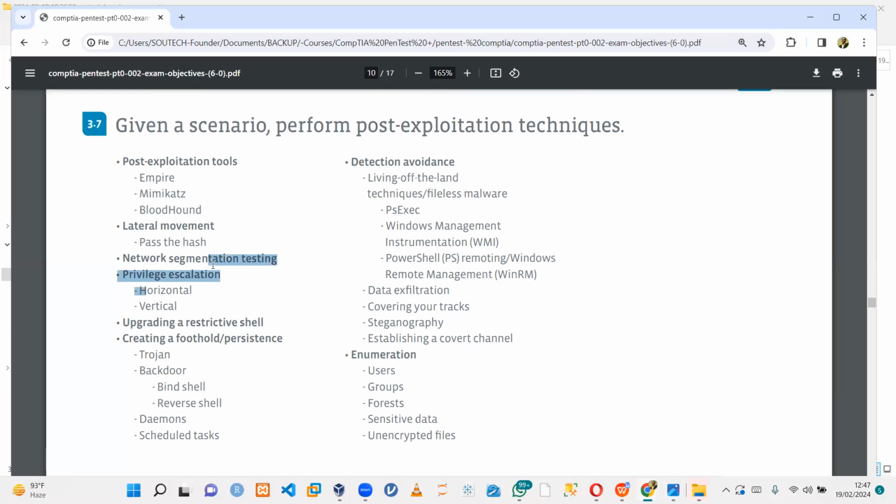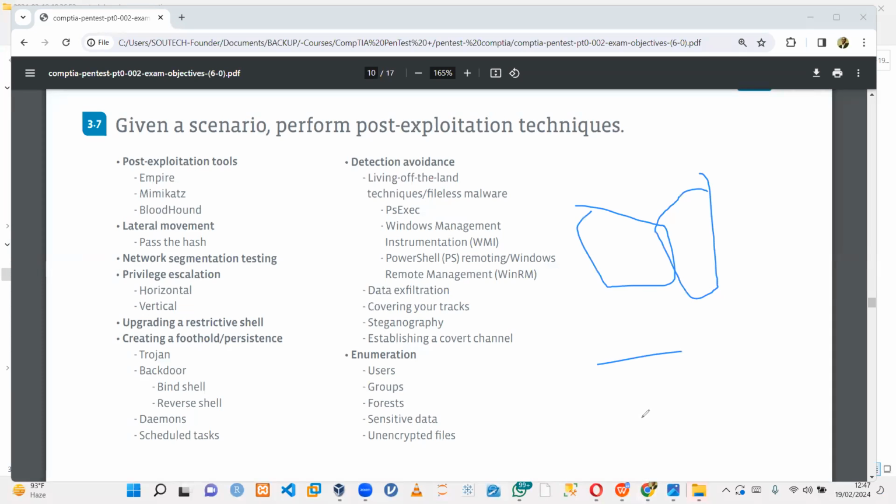Network segmentation testing. This has to do with putting our network in boxes, let me put it that way. You say, I have this, I have this, I have this. So this is going to be maybe a department, a department, a department, and they can somehow be linked.